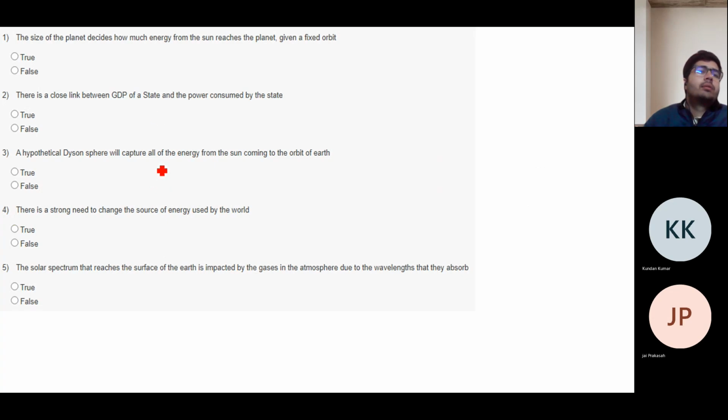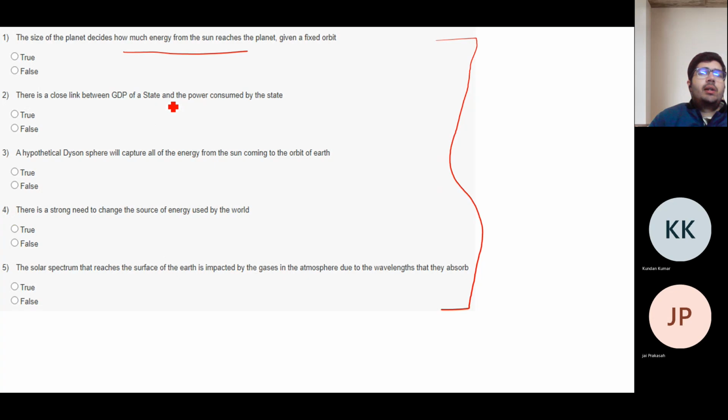So now we are having some basic quiz questions. I think you can participate. The first is: the size of the planet decides how much energy from the sun reaches the planet given a fixed orbit.